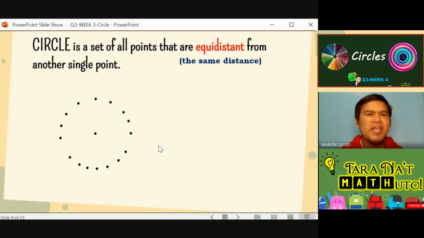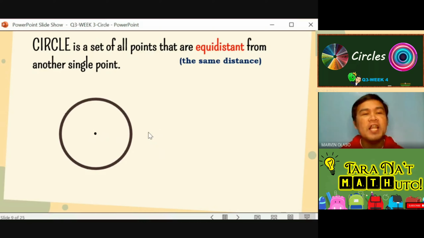Ayan, ano kaya ang mangyayari? That is what makes a circle. So, ayan ha, ang circle ay binubuo ng mga points, magkakatabi yan around doon sa single point na kung saan yung kanilang distance ay pareho. Kaya nabuo ang circle.